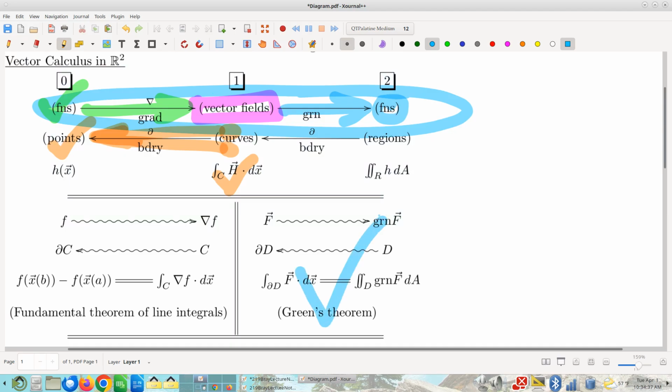Well, Green's theorem played a big role. How did I prove the relationship that we showed between path independence and being a gradient? Well, the fundamental theorem of line integrals was the thing that made that work. Based on the pattern, we might speculate.